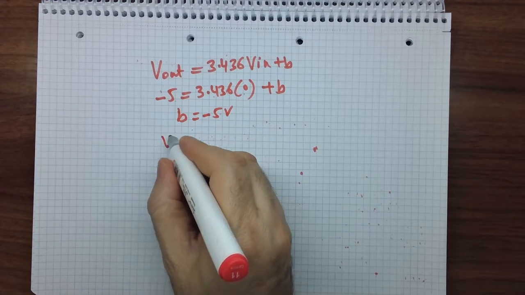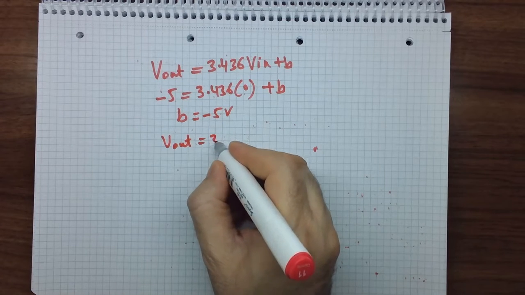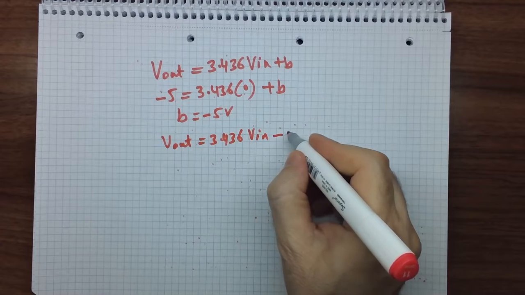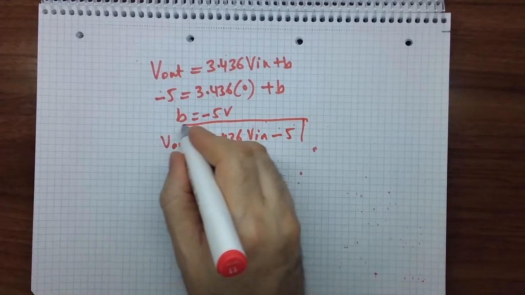It means that V out is equal to 3.436 times Vn minus 5. This is the final equation.